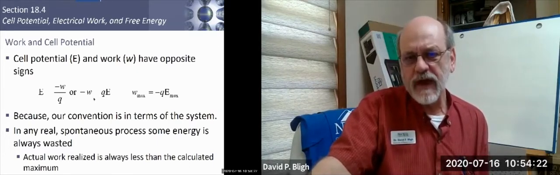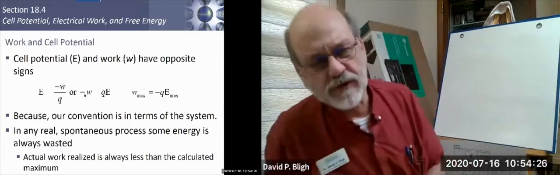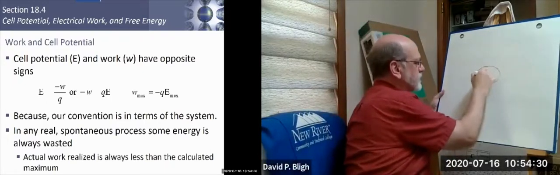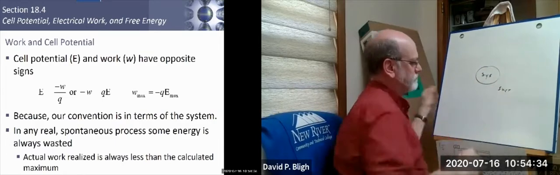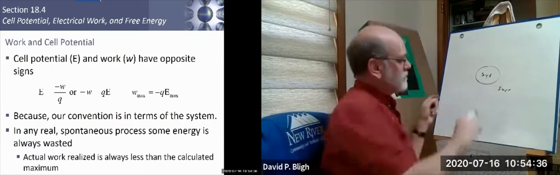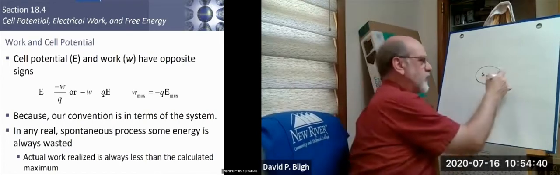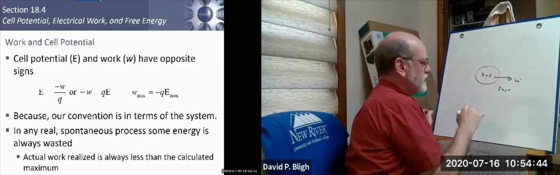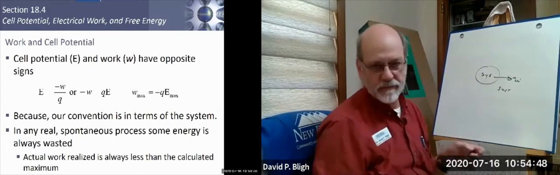And notice we've got a negative sign here. That's because everything is in terms of the system. So if the system is doing work on its surroundings, that means it's losing work, so that's a negative value.